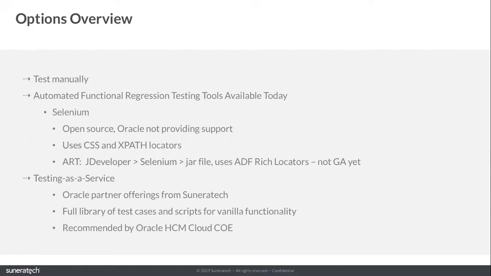So you can use this, build your scripts around ADF-rich locators, and you won't have nearly the maintenance that you do with XPath. There are two issues there. One is it's not generally available yet. And two, it still requires the investment of the user building their test cases and running their test scripts. We'll be giving you a tool.